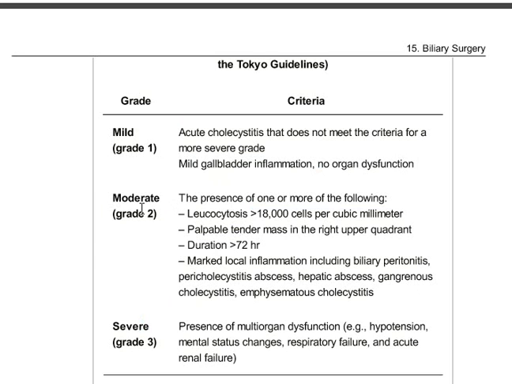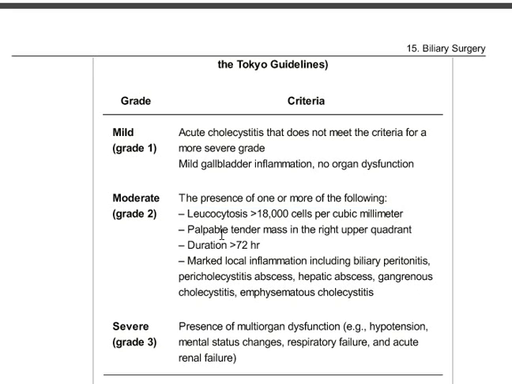Now the moderate cholecystitis, the grade 2 acute cholecystitis, how to define it? We find leukocytosis with white blood cells above 18,000 cells per cubic millimeter. So this is the first one. When you do CBC, you find white blood cells more than 18,000 cells per cubic millimeter.